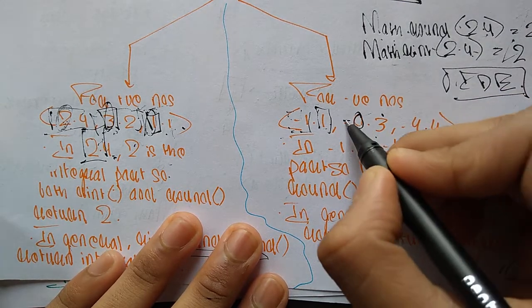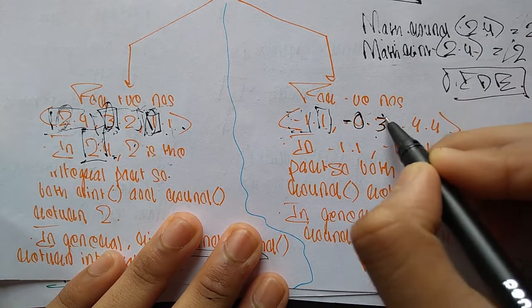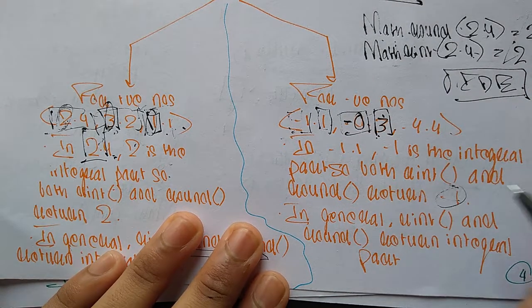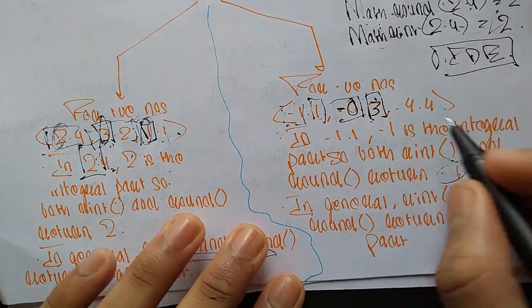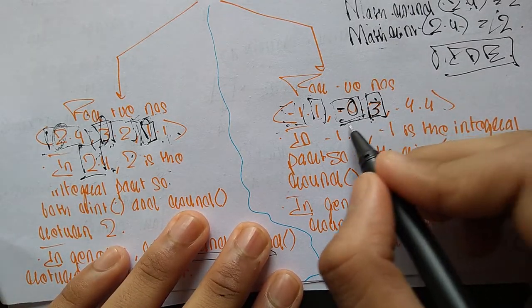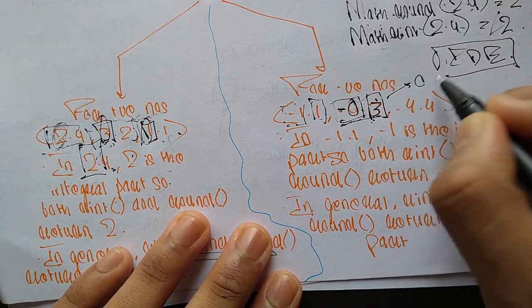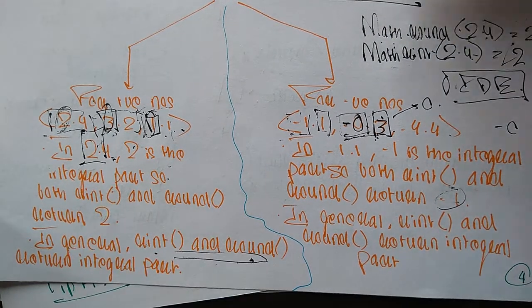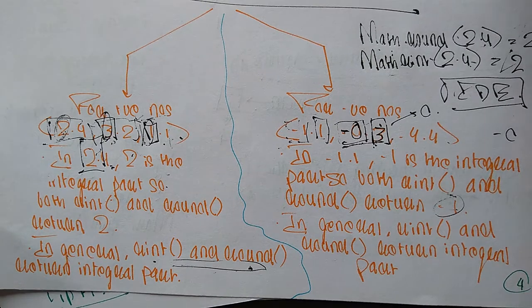Minus 0.3, what's the integral, what's the fraction? Minus 0 and 3, okay. I like to mention here, you think that it just returns 0, because what is minus 0? But actually in Java, 0 and minus 0 are two different things.